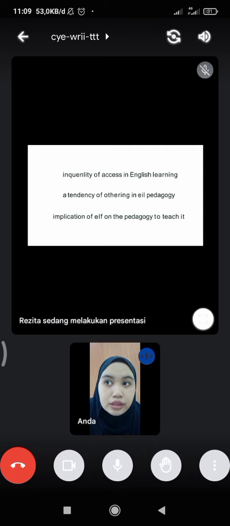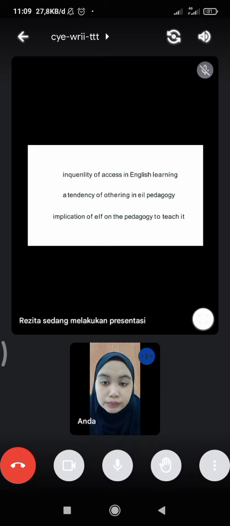Incrementality of access and English learning. It's like many parents send their children to international school from an early age because they think that can be a benefit of capital income for the future. It also has negative impacts, like it encourages the separate economics in learning English.